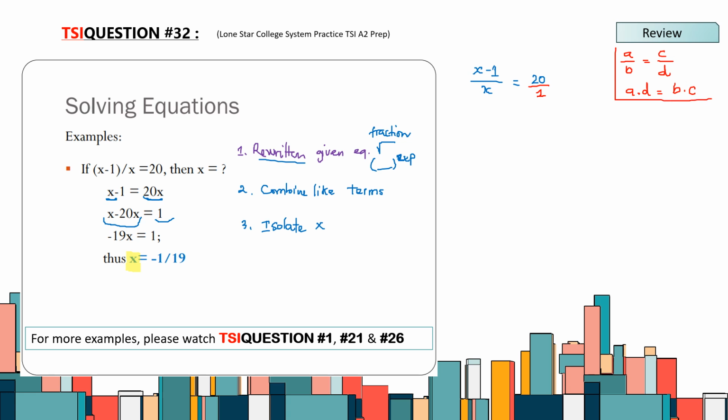Okay, so working on that, we rewrite x minus 1 multiplied by 1 equal 20 multiplied by x. Now x minus 1 multiplied by 1 is just x minus 1. 20 multiplied by x is 20x.